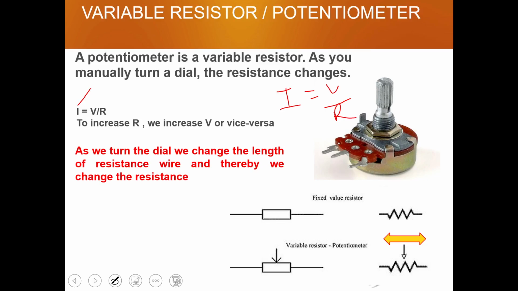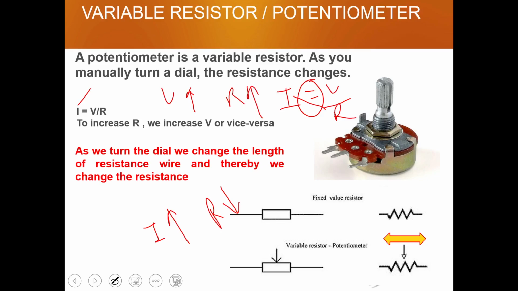Voltage and resistance are directly proportional, and current and resistance are inversely proportional. Inversely means that when one quantity increases, the other decreases. So when current increases, the resistance decreases. Similarly, when the voltage increases, resistance also increases.